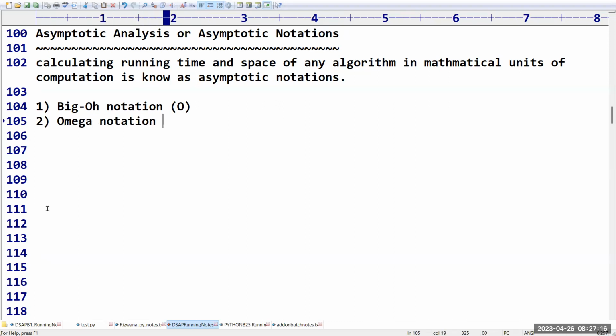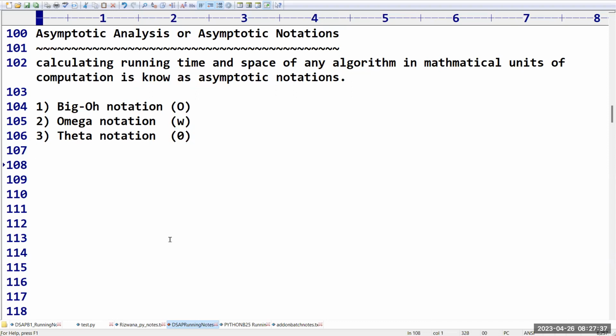There is a special mathematical symbol for it, but it is not possible to draw using the keyboard, so I'm going to take W to represent omega notation. Then one more notation is called theta notation. It is also not possible to write, so I'm taking 0.